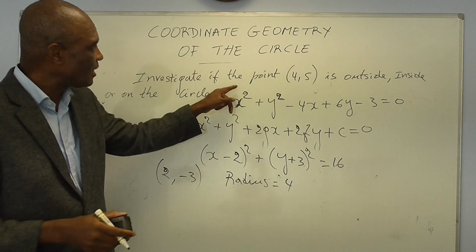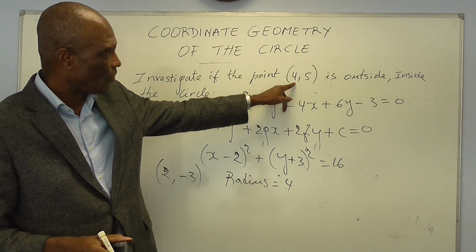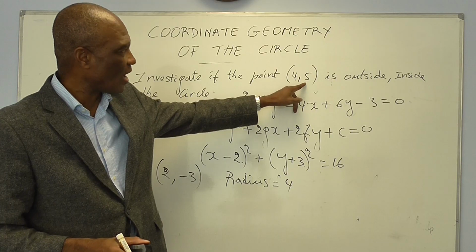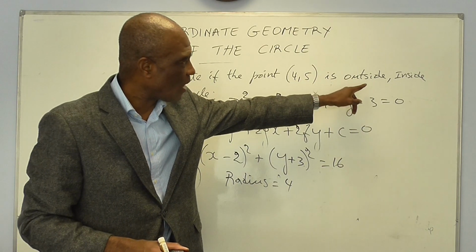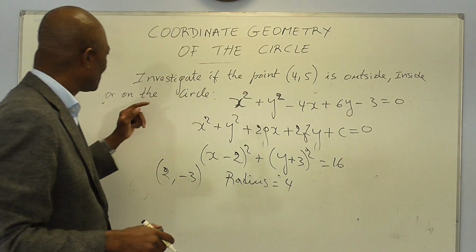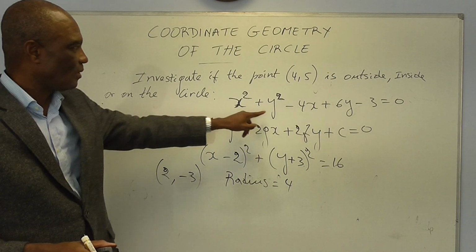Okay, investigate if the point of the coordinate 4, 5 is outside, inside, or on the circle that we have there.